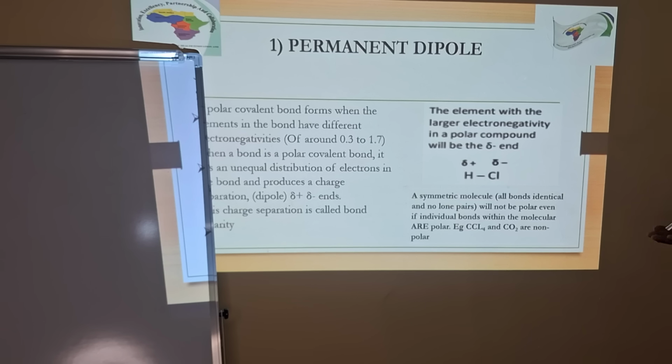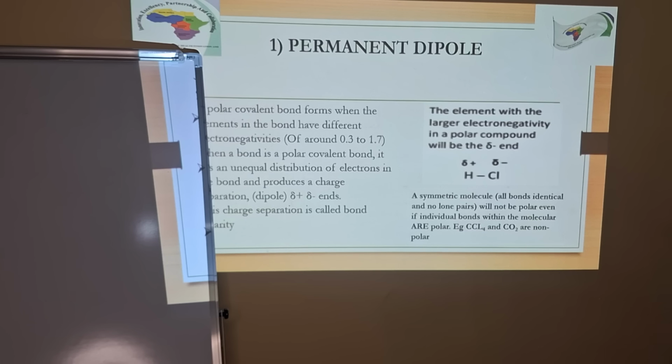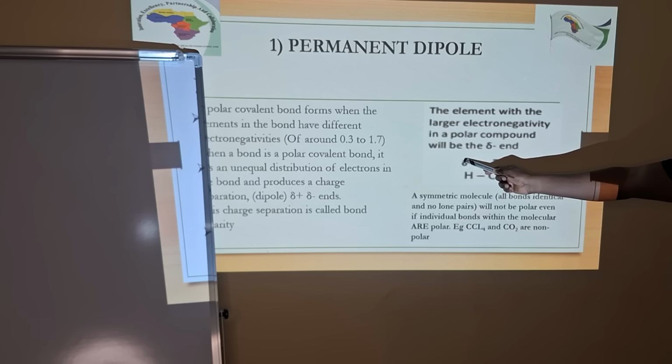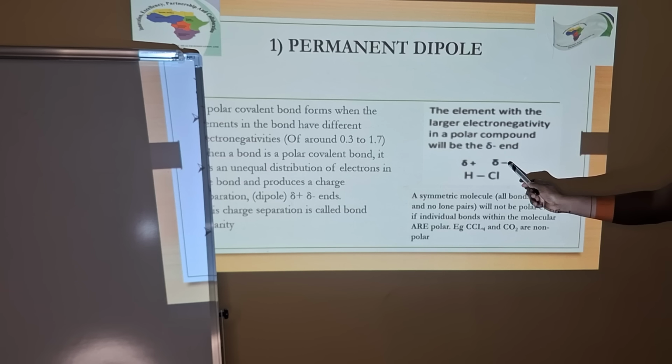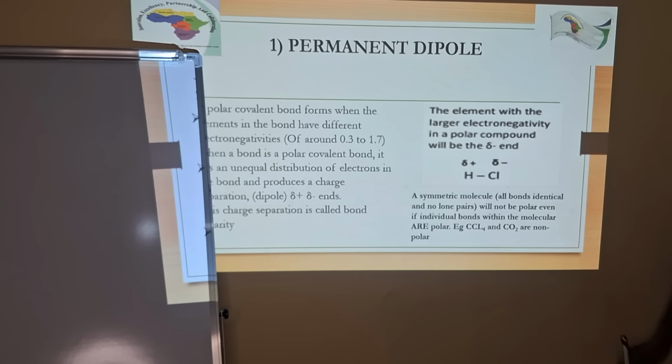As we have seen in the previous slide, this is an example of a polar molecule, hydrogen and chlorine. Hydrogen is going to assume a partial positive charge, chlorine a partial negative charge. So there is a permanent dipole which exists in hydrogen chloride.